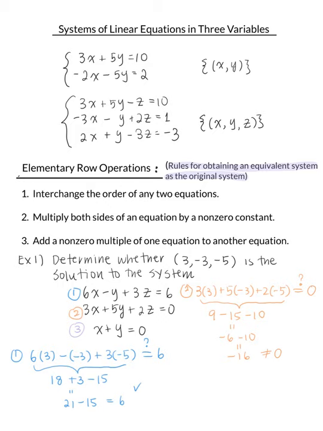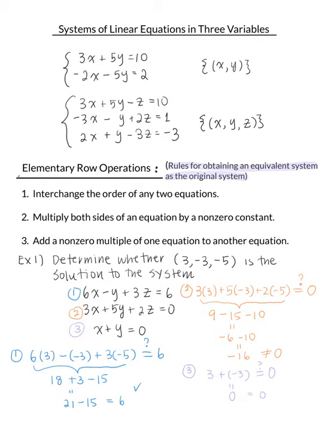Now, you know what? Just for the heck of it, let's check number 3. The third is x plus y. Is that going to equal 0? Let me just go x is 3 plus y is negative 3. Is that going to give us a 0 back? Yes, it does. But since the ordered triple did not satisfy the second equation, our conclusion is that no, (3, negative 3, negative 5) is not a solution to the system.